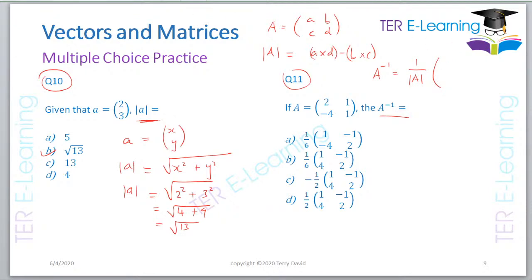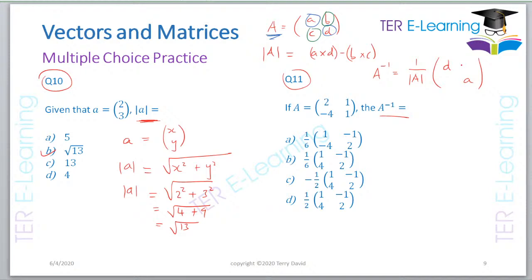So here's what you do to find the adjoint of the matrix. If you have the matrix A, the first thing we need to do is swap the positions of A and D. When I swap the positions, it means that D is going to come here and A is going to come here. The next thing we need to do is put a minus sign in front of this and put a minus sign in front of this.